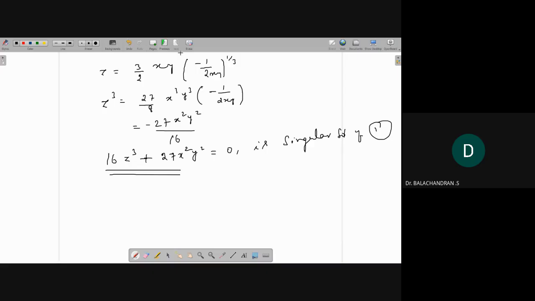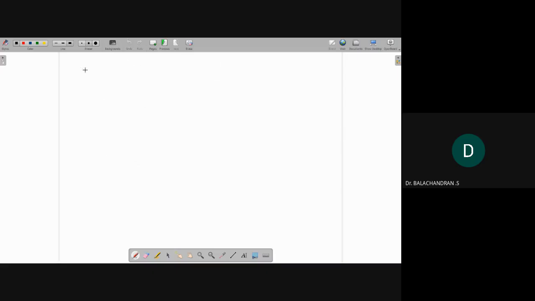Okay, so I will start the last problem. Solve z equal to px plus qy plus c into root of 1 plus p square plus q square.